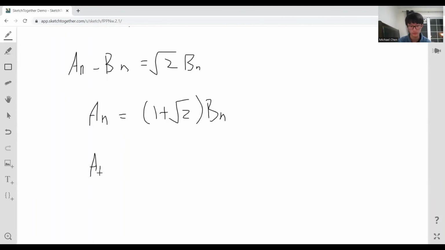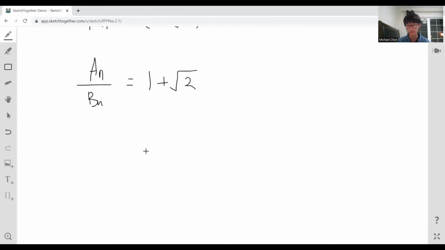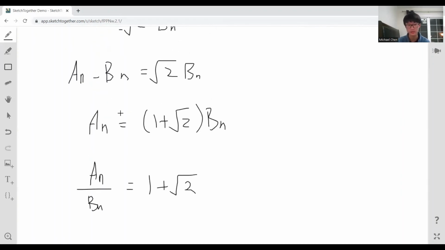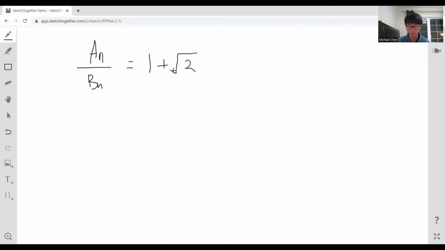Then we have a_n over b_n is 1 plus root 2. Interestingly, for every n greater than or equal to 1, the ratio remains 1 plus root 2. So a sub 10 over b sub 10 is still 1 plus root 2.